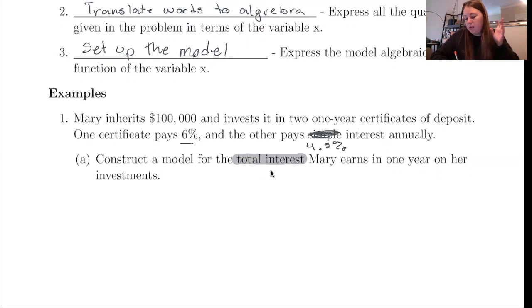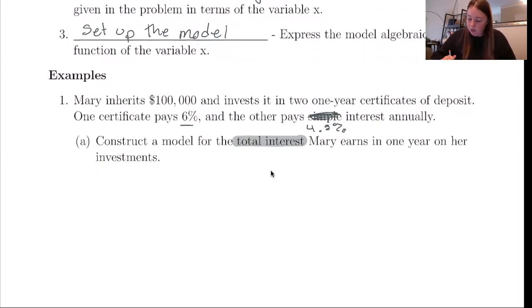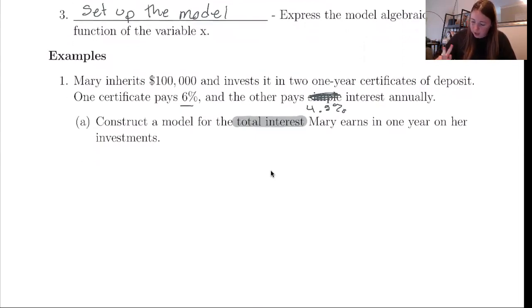So if she puts all 10,000 in that certificate, after 1 year she'll have 10,000 plus 6%, so $10,600. Anyways, she has one certificate that pays 6% and the other pays 4.5% interest annually.